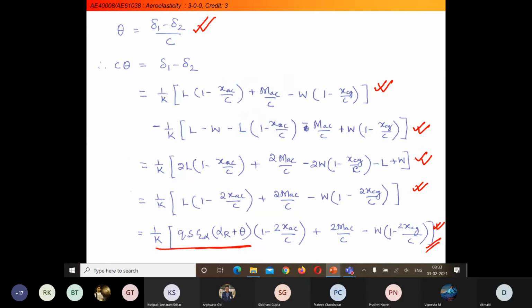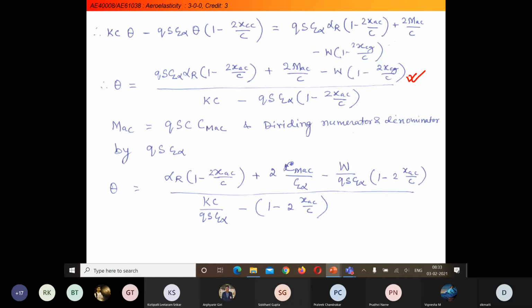Finally, solving that equation, we are able to calculate the value of theta. Now, with the expression of theta calculated, if I consider a situation when the denominator becomes 0, that is the condition of divergence.